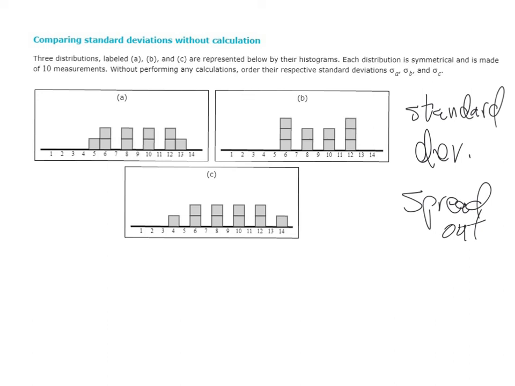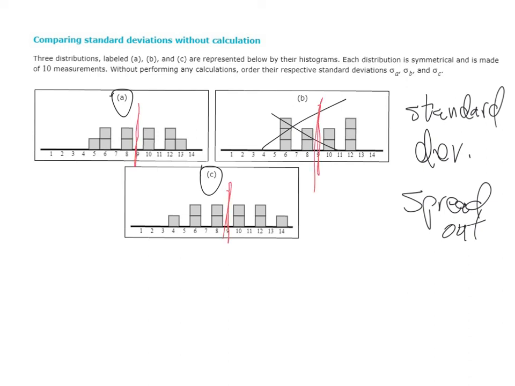Okay, so if you're looking at these and you're saying, well, which one is more spread out? I'm guessing just by looking at these guys, it's either this one or this one, right? It's definitely not B. B, it looks like it's more packed. It's closer to 9. Now, just to be aware, all of these are centered at 9.